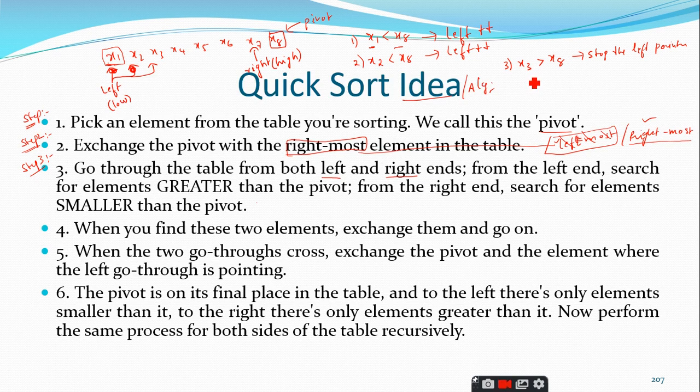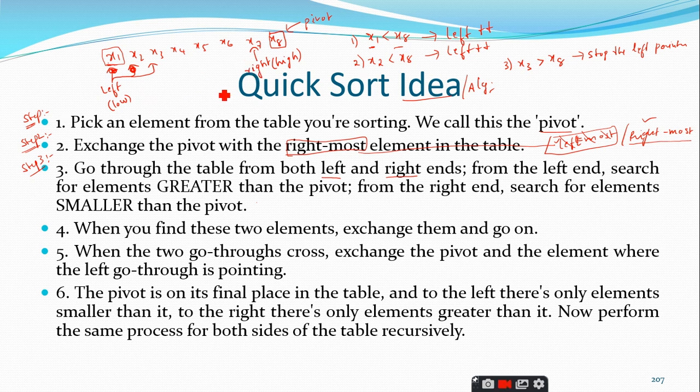So, left should keep moving past elements less than the pivot. If it is pointing to an element which is greater than the pivot, then you have to stop the incrementation of the left pointer. That means you are identifying the greater element from the left. Now, if you find such an element, you just stop.